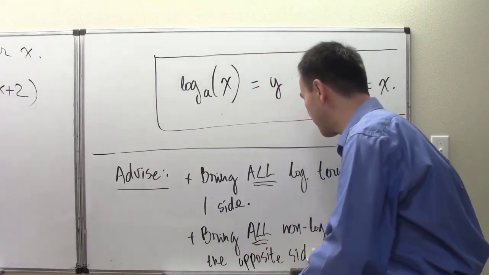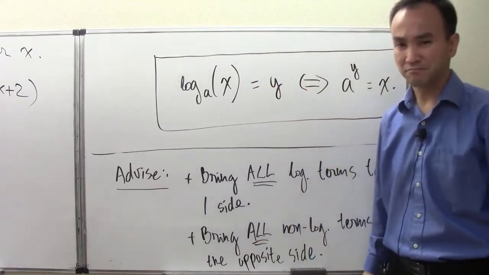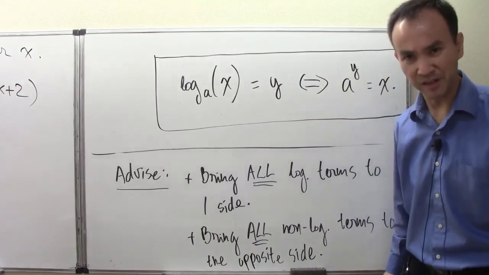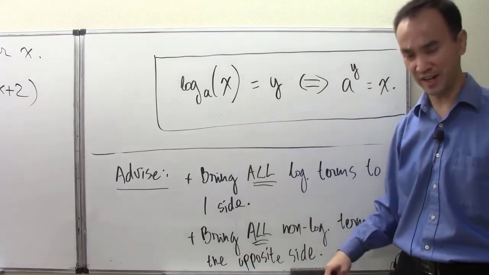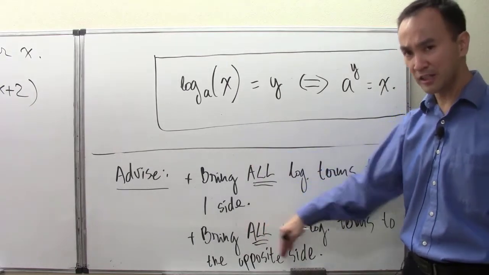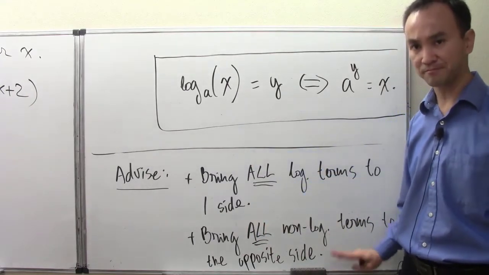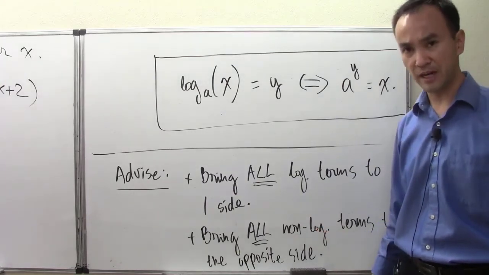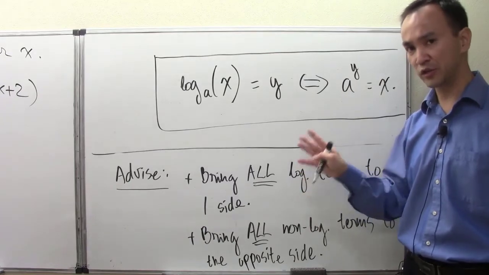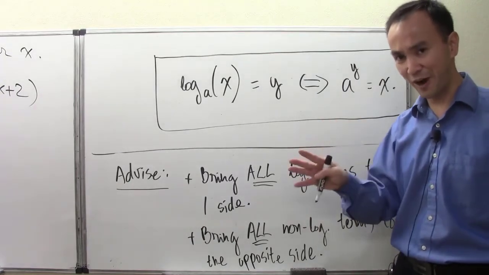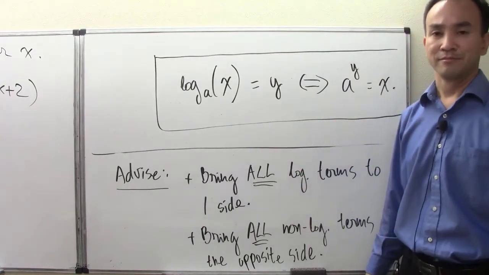It's really just one piece of advice, but I break it down into 2 steps. First step, bring all log terms to one side. And then all the non-log terms, we bring to the opposite side. That's one big piece of advice I have for anyone who's about to solve an equation that involves a logarithm.